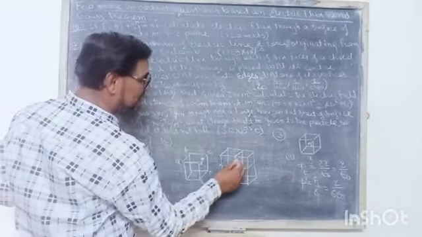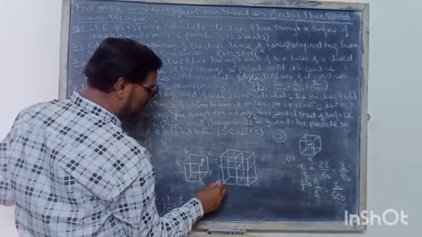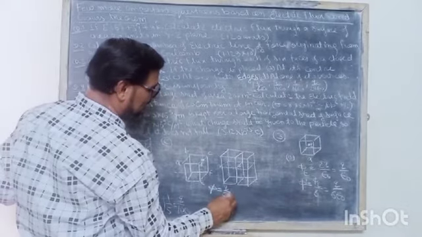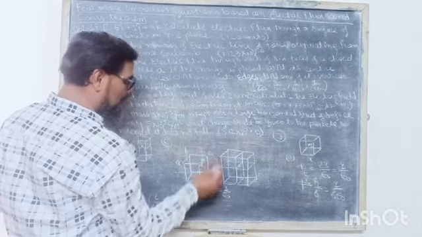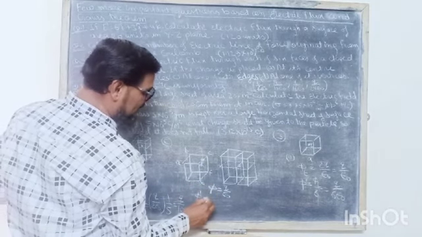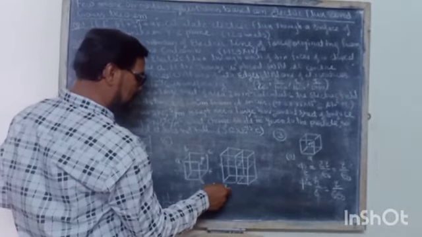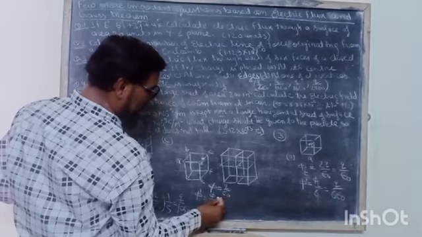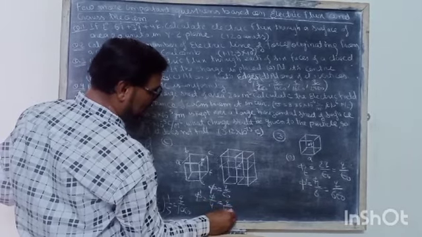So the electric flux linked with these 4 cubes will be phi is equal to q upon epsilon naught, and electric flux through 1 cube phi dash is equal to q upon epsilon naught by 4. This is due to whole 4, and this is by 1 cube, so it will be equal to q upon 4 epsilon naught.